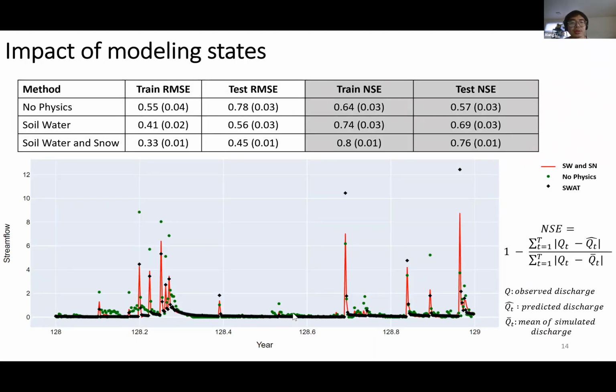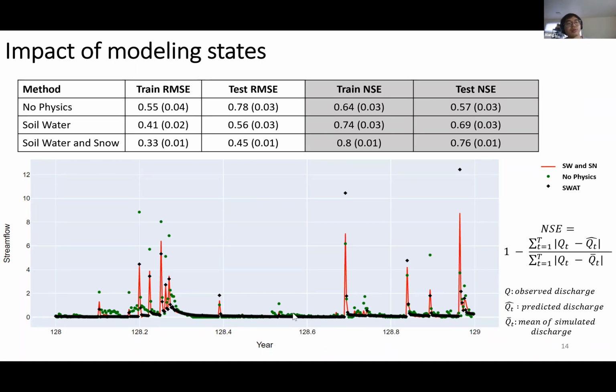This slide shows some results. We modeled the stream flow, and in the first row we didn't consider any physics, just a pure LSTM model. We have only input and want to predict stream flow. In the second one, we model the hidden soil water from the LSTM and use that as input to the next hierarchical layer of the recurrent neural network.